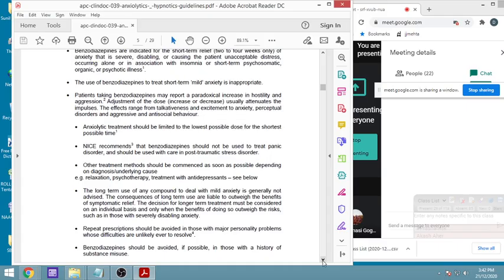As I told you, when mild anxiety is there, non-pharmacological treatment using cognitive behavioral therapy is the best. Consequences of long-term use are liable to outweigh the benefits. If you remember, we have seen these problems in all the psychiatric diseases, including insomnia: a habit, a dependence, is developed, and if the dose is abruptly stopped, it causes a big problem.